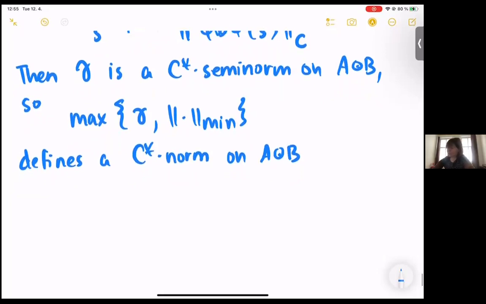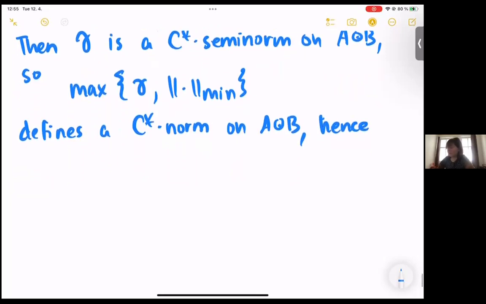And it's got to be bounded by the max norm.